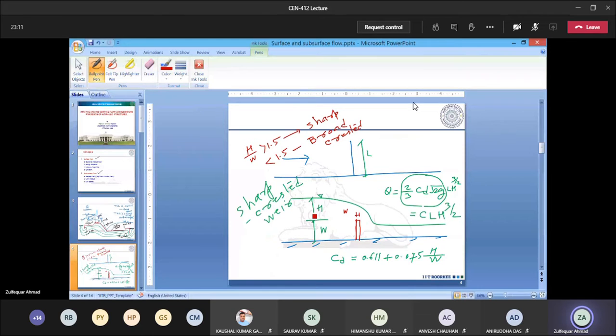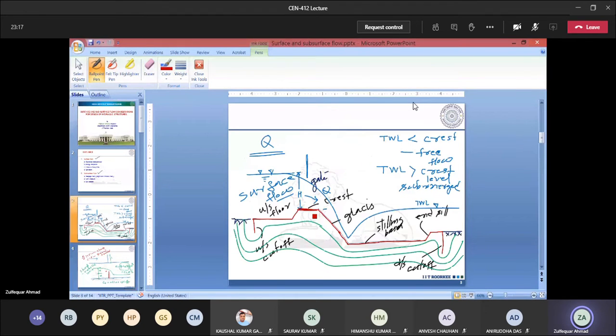So now we are looking for, in such type of structures, what is the discharge equation? Here I can write in short: C L H to the power 3 by 2. What is the value of C? Of course, this C is not 2 by 3 Cd under root 2g, because the Cd in this case will be different.